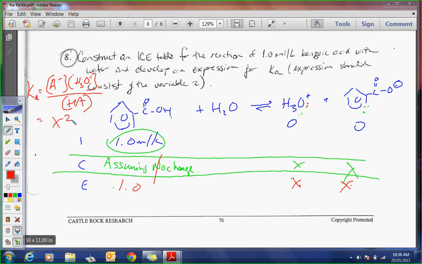Or if it's giving you a pH, you take the pH, find the H plus concentration, and plug that in there, squared. Always. My point is, there was no point in me doing an ice table. Do you see how the ice table hasn't really filled in much for me? It's a long-winded process to get me nowhere, really. I could have said, well, all weak acids are going to form the same amount.